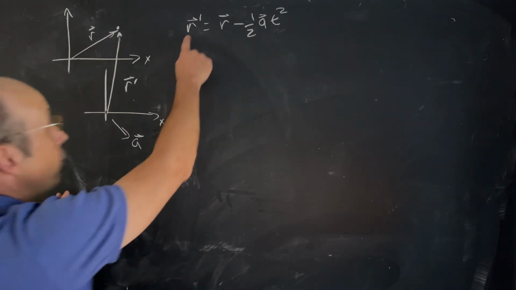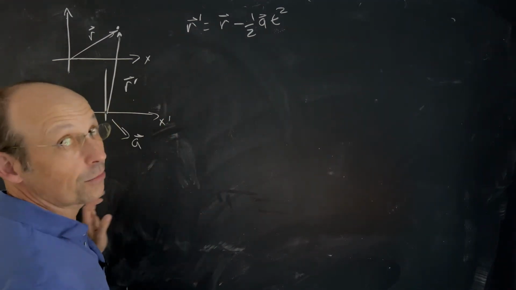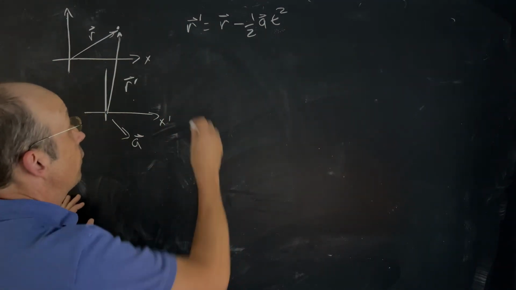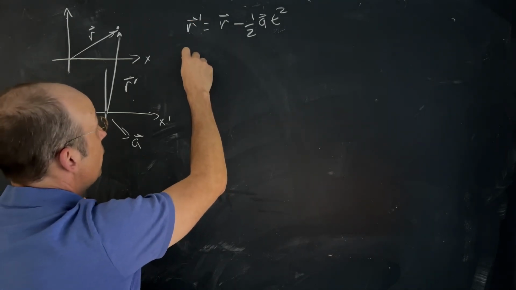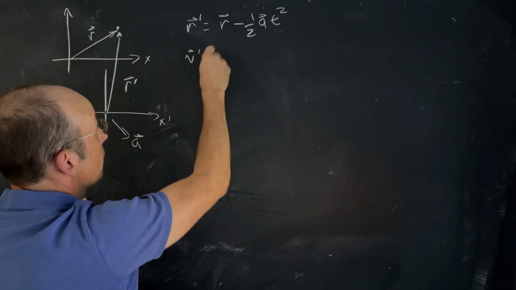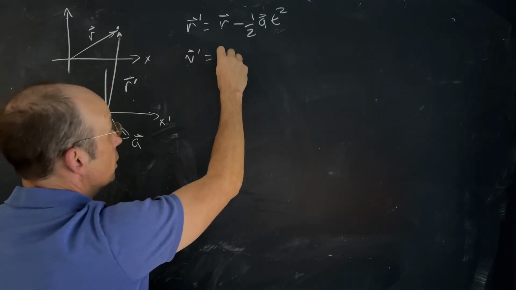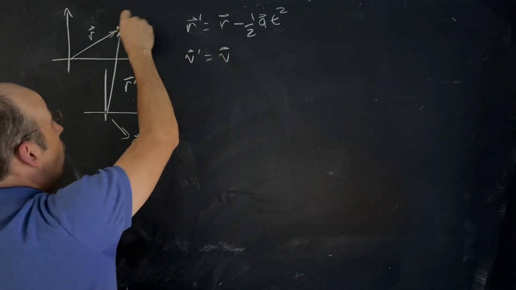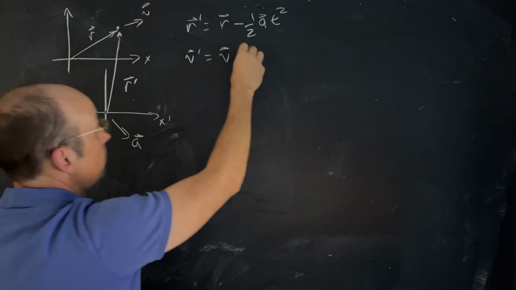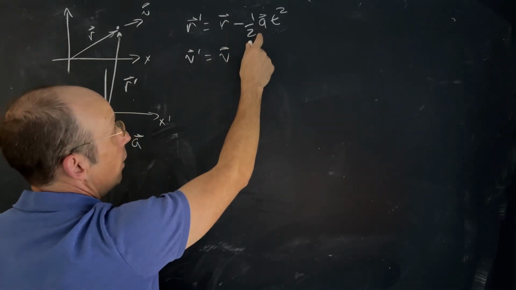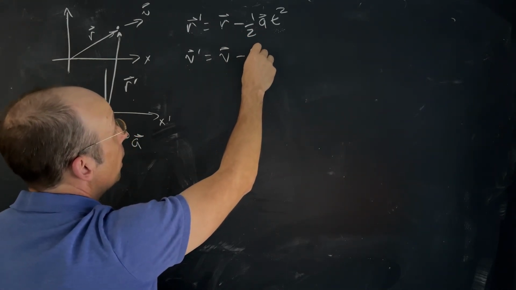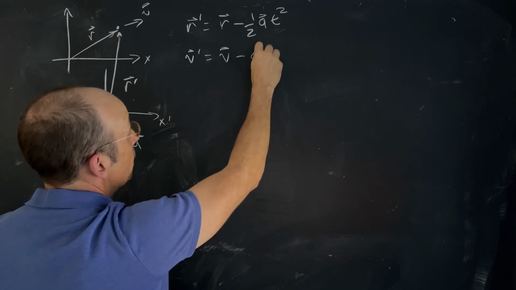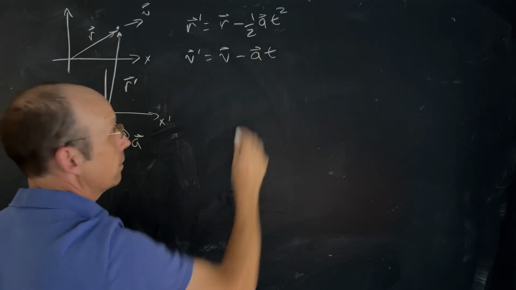Okay, so now let's just take the derivative twice. Let's take the derivative once, and here's my three-hat rule. I could write this as the velocity. If I take the derivative of this, I get v prime. It's going to be the derivative of r, which is v, the velocity of the ball. And now I take the derivative of this, and I get minus a t.